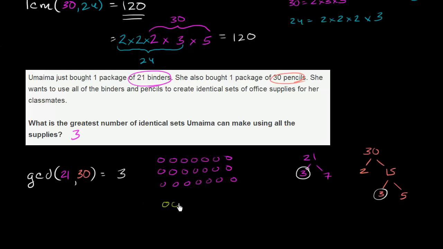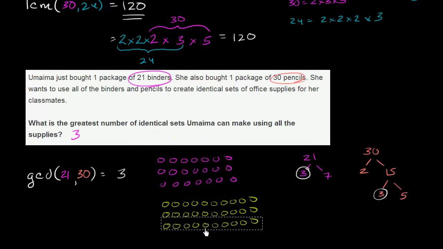So 1, 2, 3, 4, 5, 6, 7, 8, 9, 10. Let me just copy and paste that. This is getting tedious. So that's 20, and then paste. That is 30. Now, we figured out that 3 is the largest number that divides into both of these evenly.